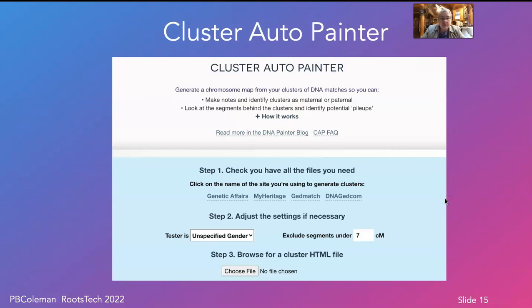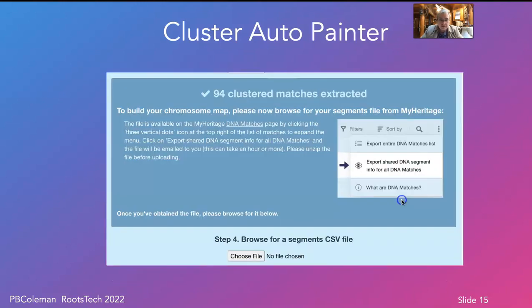Next, I took the HTML file for the auto cluster and put it into DNA Painter's Cluster Auto Painter. First, you select the gender of the test taker and you select the HTML file for the auto painter.